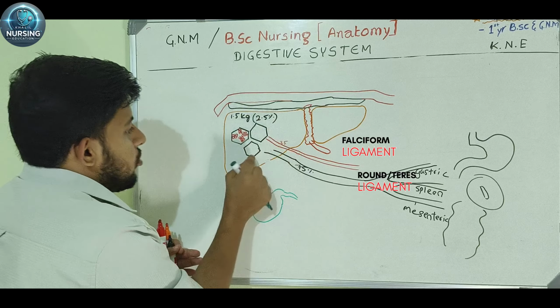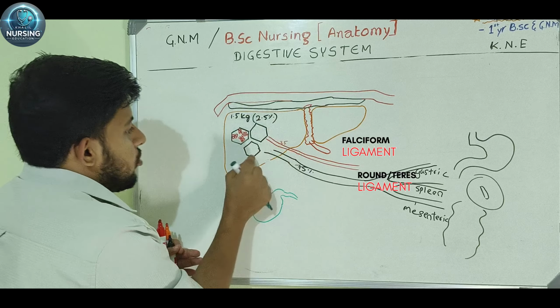Now here, I have taken the left hepatic duct, and hepatic lobules are present here also. I am taking the right hepatic duct from here also, and I am joining them to make a common duct called the common hepatic duct. What did I say? Common hepatic duct.